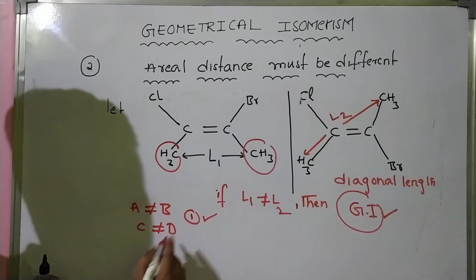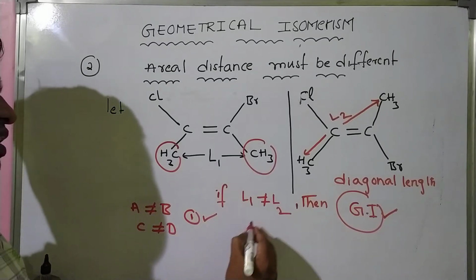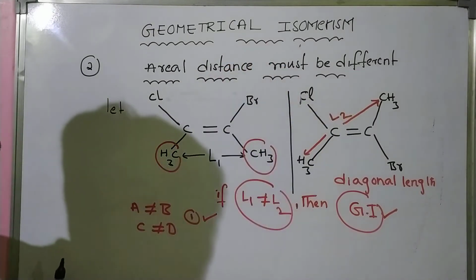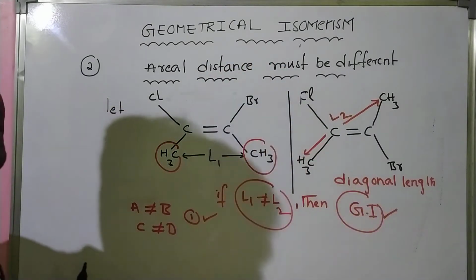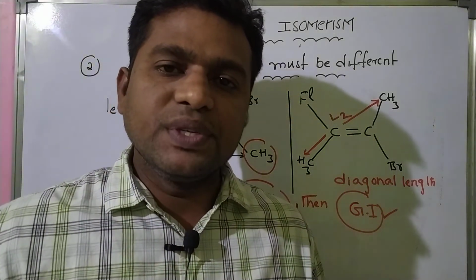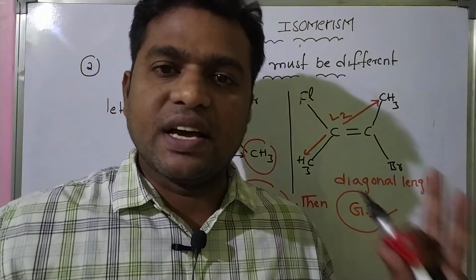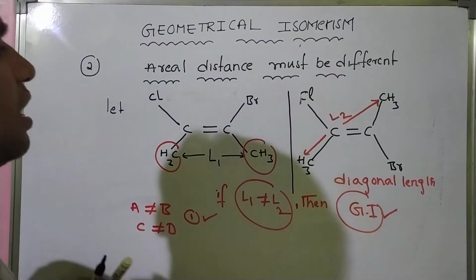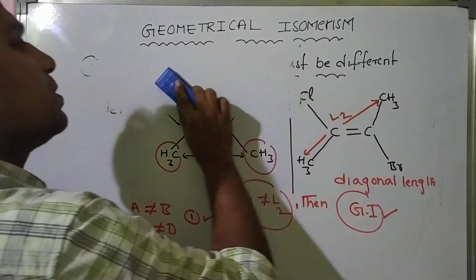The second condition is L1 not equal to L2, means the areal distance must be different. Then that compound will give geometrical isomerism. So don't confuse. Very easy, very easiest concept. Okay, now I think you understood well.